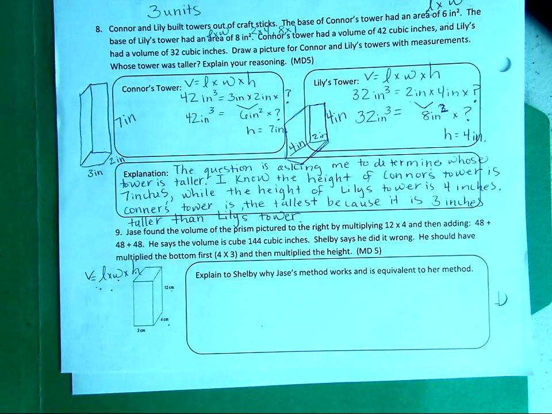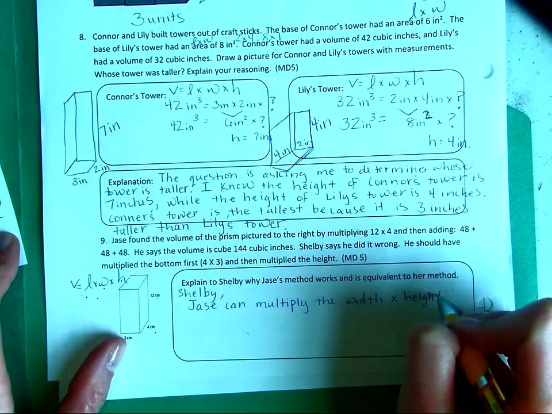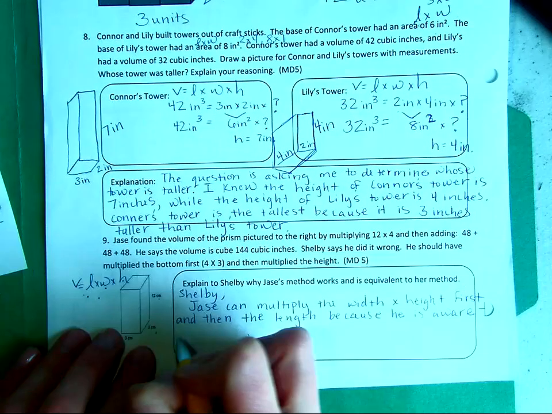So we're going to say, Shelby, Jace can multiply the width times height first and then the length, because he is aware of the commutative property of multiplication.